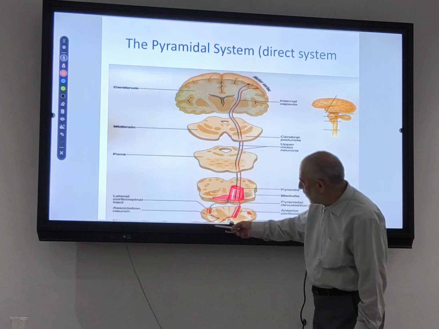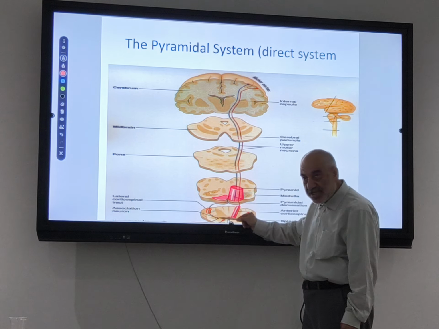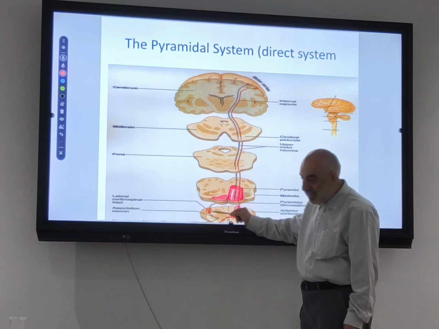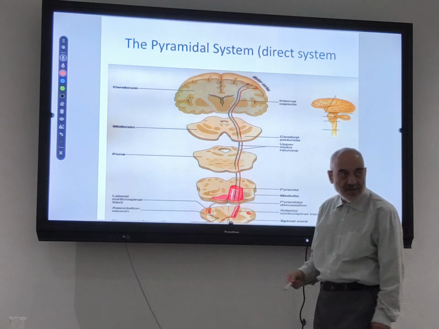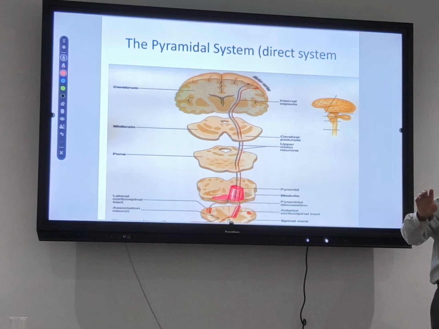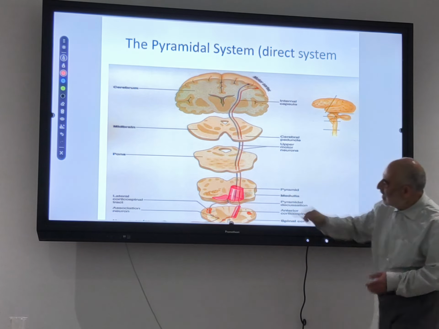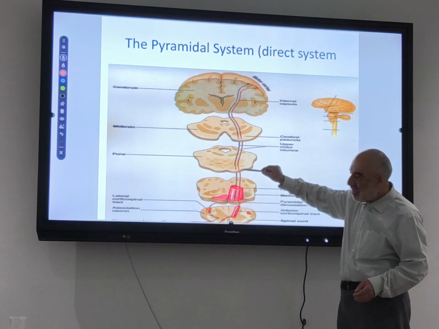Okay? And then from here there is an interneuron, and this interneuron is associated with the alpha motor neuron. So the cortex is connected to the spinal cord by an interneuron. This is the first order neuron.